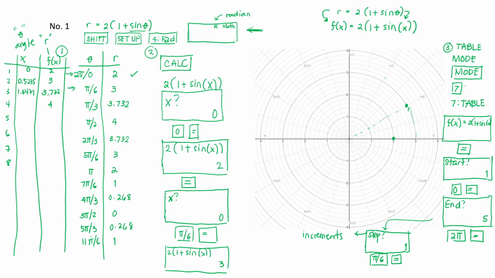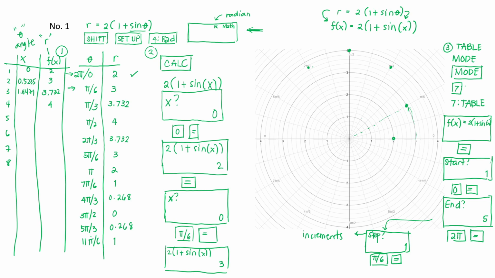So 3, 3.2, 3.4, 3.6, 3.8, and then 4. So 3.7 would be at the middle of this one. And the next is pi over 2, which is 4. And the next angle is 3.7. So notice you are creating a pattern in your diagram.